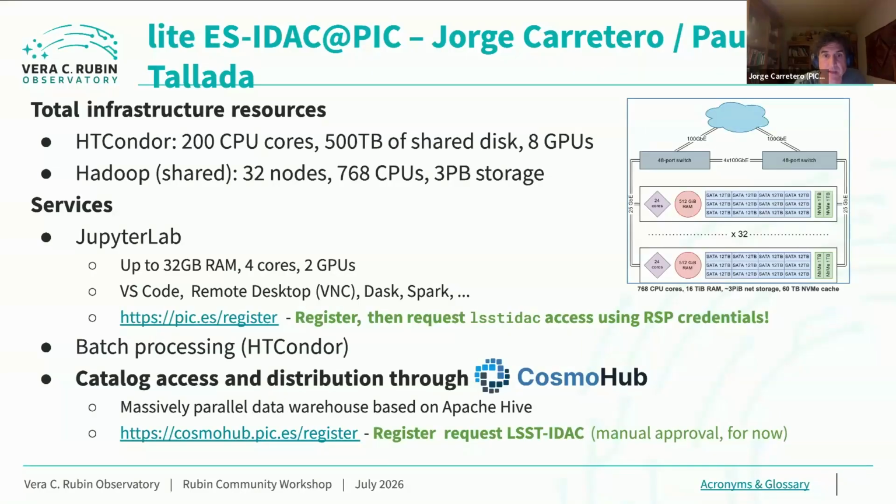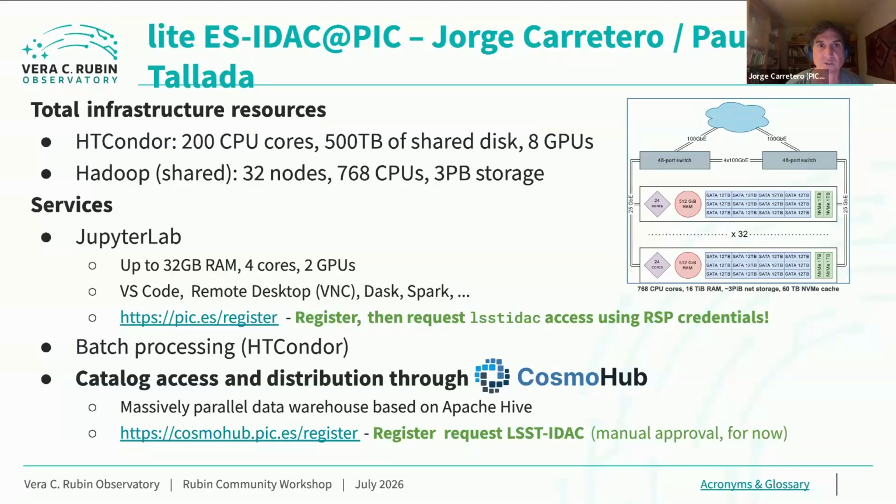No images. Also, you can register directly through the link in the slide, and you have to request LSST IDAC data rights. In this case, it is still a manual approval for now, and we are currently working really hard trying to integrate both accounts and make the life of the users easier.